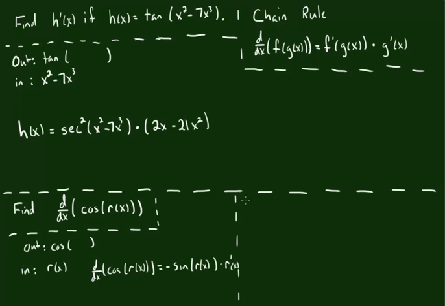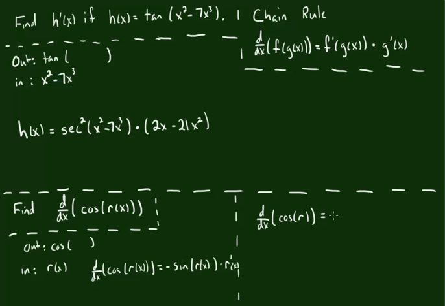Now lately in class we've been talking about this new notation, this Leibniz notation, and we've also been removing this of x as part of the r. So in class I may have written it this way: cosine of r, and I'm asking you to find the derivative of this cosine of r, with the understanding that r is a function of x. That's very important. So if we believe that r is a function of x, this is the way we take the derivative.